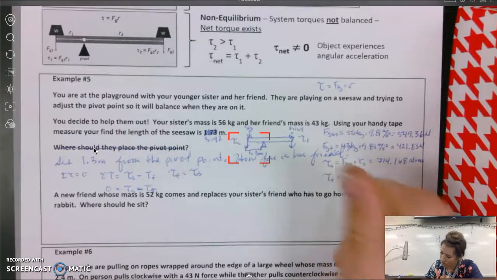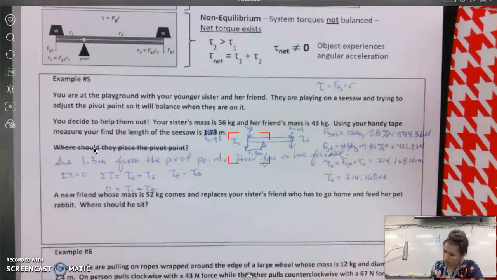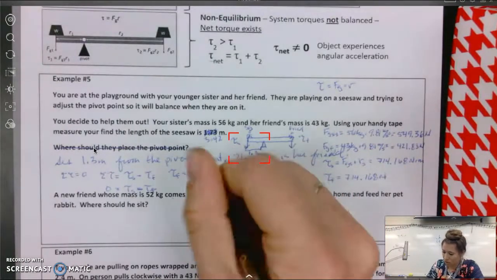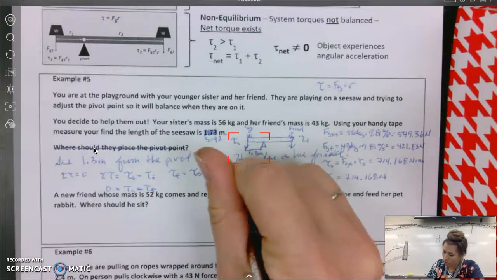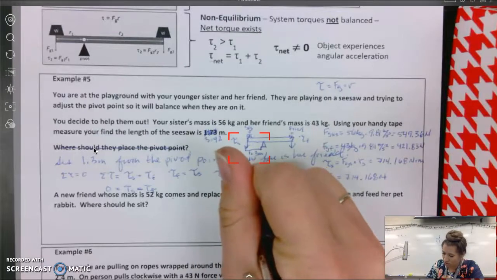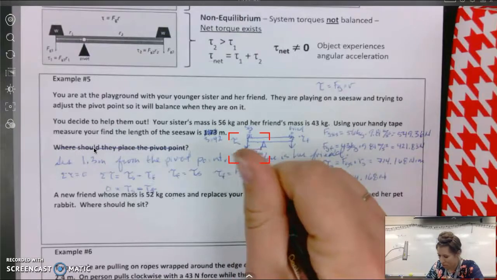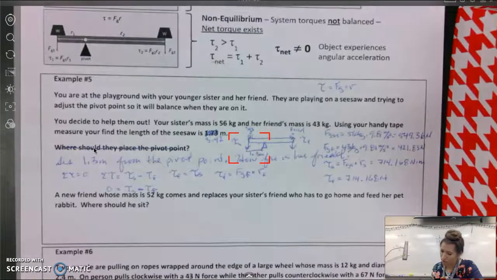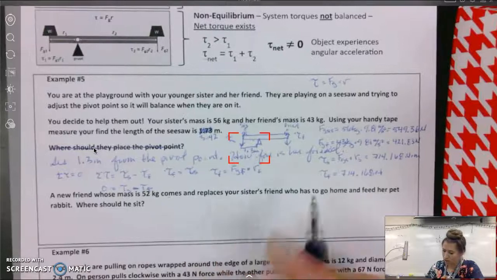So that must mean the torque of the friend is the same, 714.168 newton meters. And our general equation, the torque of the friend, will equal the force due to gravity of the friend multiplied by the distance away from the pivot point for that friend. And that's what I'm solving for. I know both of those things, so I'm going to divide that over.